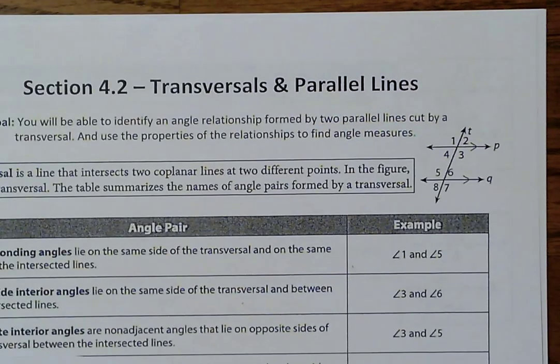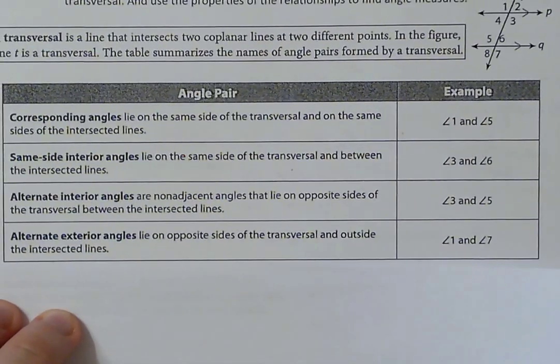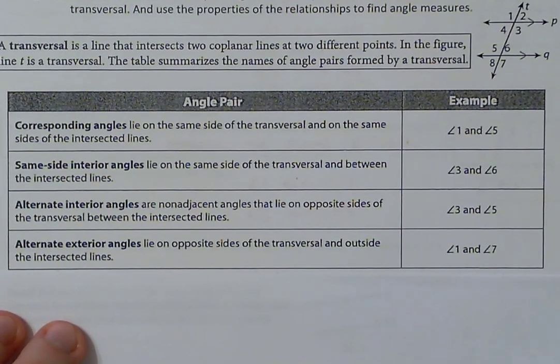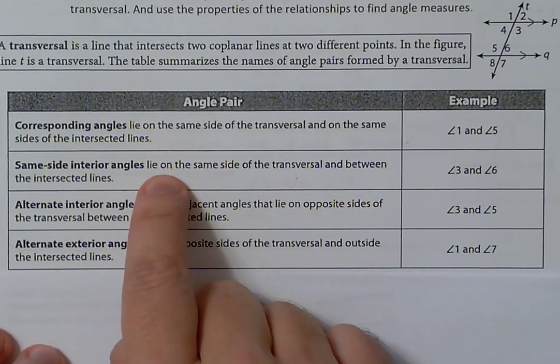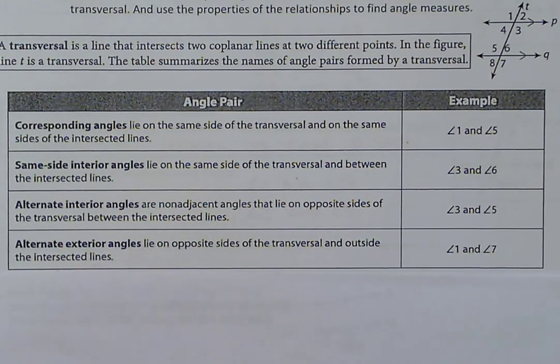Now, I quickly want to go back here at the start and just sum it up. So, at the start of our lesson, we started talking about these different angle pairs. We talked about corresponding angles, same side interior, alternate interior, and alternate exterior.